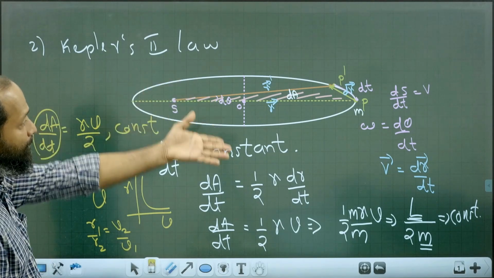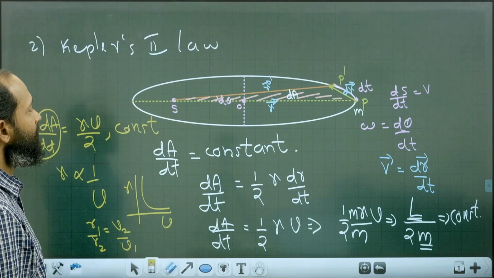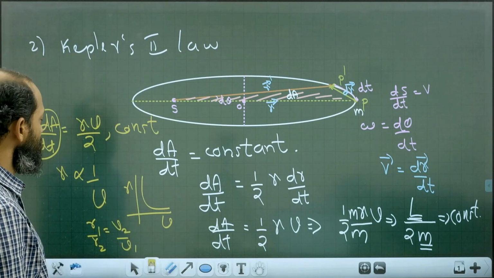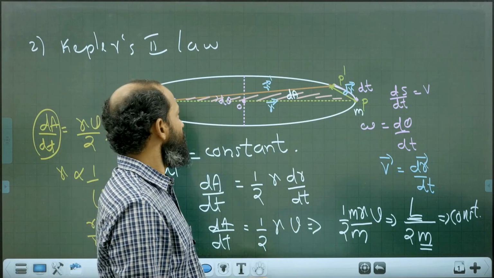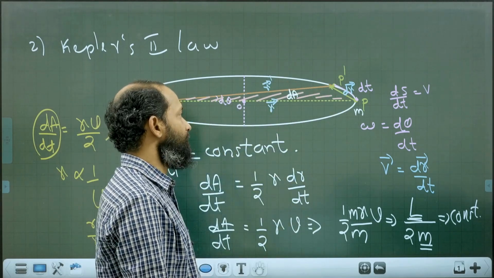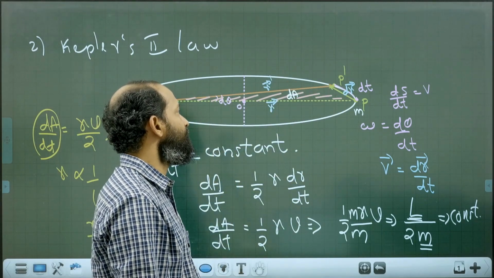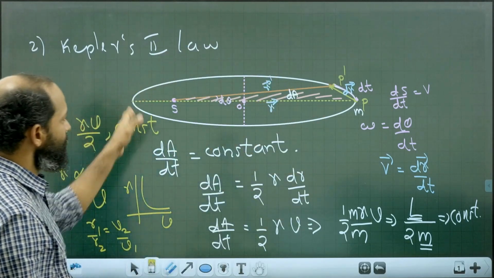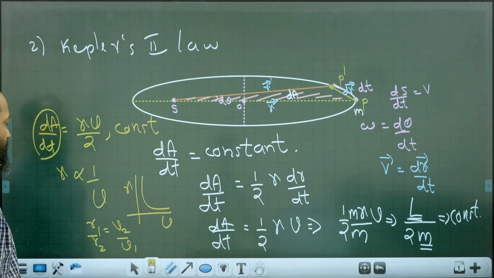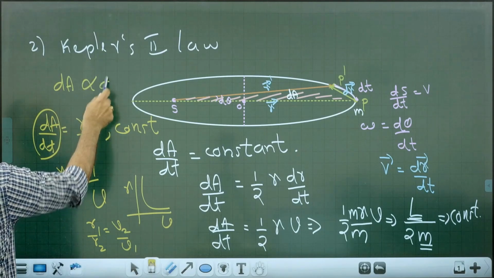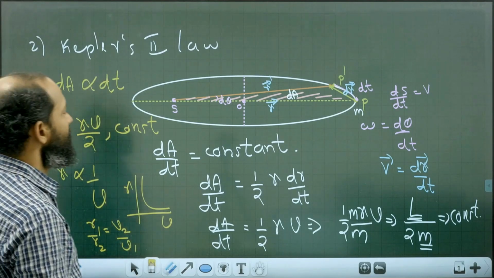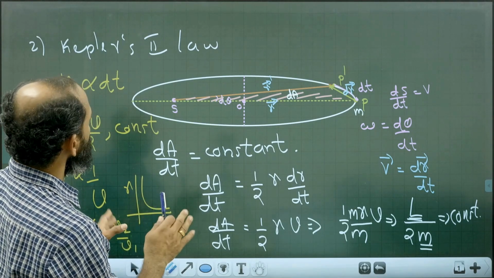At a farther place, it goes slow; at a nearer place, it goes faster. Aphelion is the farthest point. At aphelion it goes slow, and at perihelion it goes faster. Now dA by dt is a constant, that's why dA is proportional to dt. All this is very important for Kepler's laws.